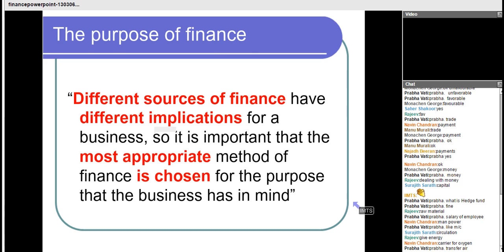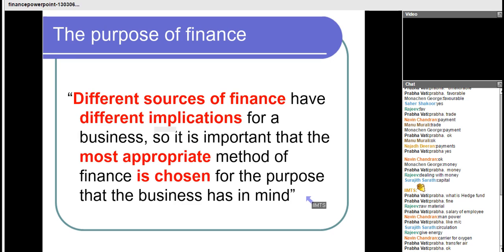Naveen Chandran has given that word. So it's the carrier of oxygen, and oxygen is needed by every organ of the body, and this is how our body keeps working. If we are short of oxygen at any point of time, we may even die. So similarly, finance can be compared to the oxygen of the business. If the funds are not properly managed, then the business may collapse in the long run.